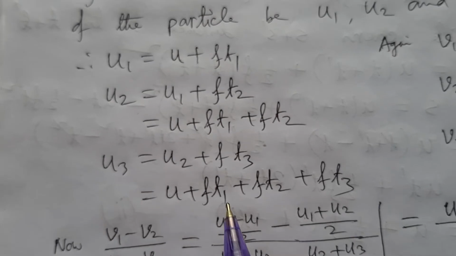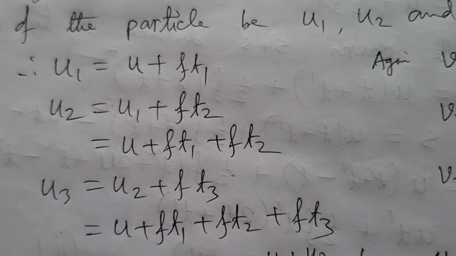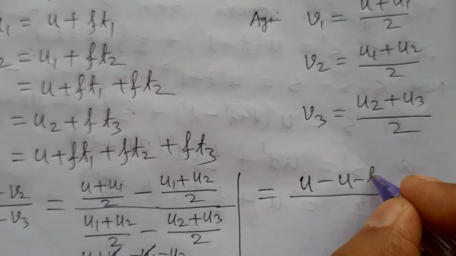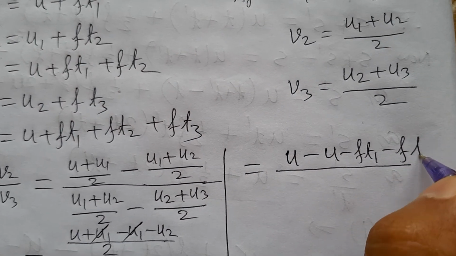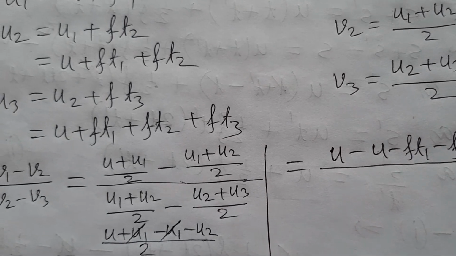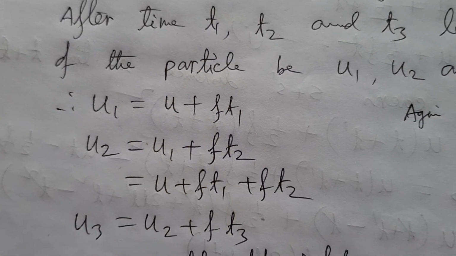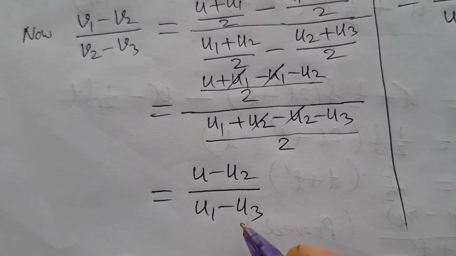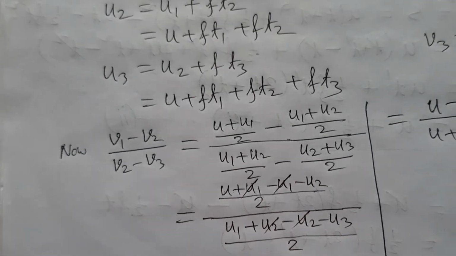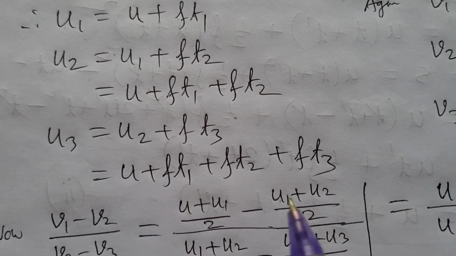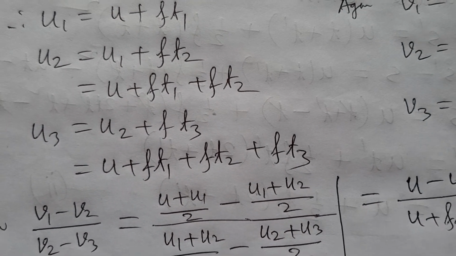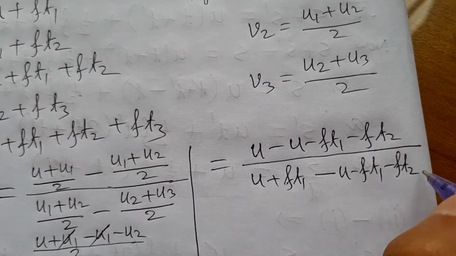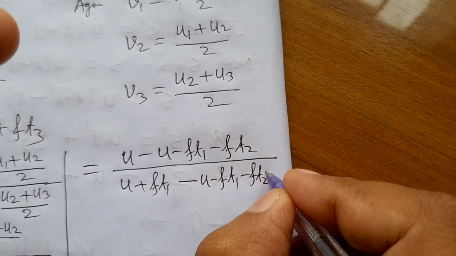What is u2? u2 means u plus ft1 plus ft2, so we can write u minus u minus ft1 minus ft2, divided by u1, which is u plus ft1, and then minus u3, so the sign will be changed: minus u minus ft1 minus ft2 minus ft3.